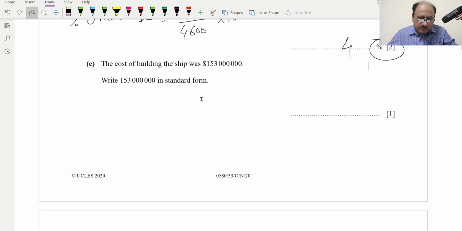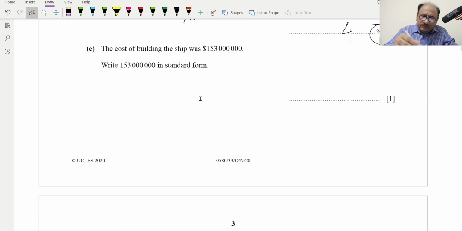Hopefully you understood this. Then the cost of building the ship was this much, and write this number in standard form. Standard form, you know, is where we place the decimal after the first non-zero number. So from here we have to shift the decimal to between the 1 and the 5. So 3 plus 3 plus 2, so 8 jumps we will be taking.